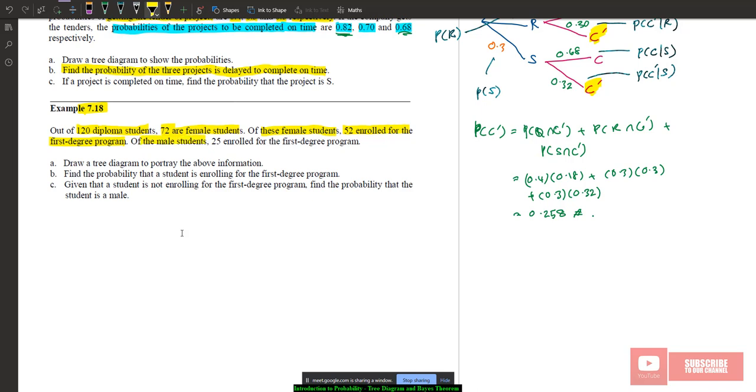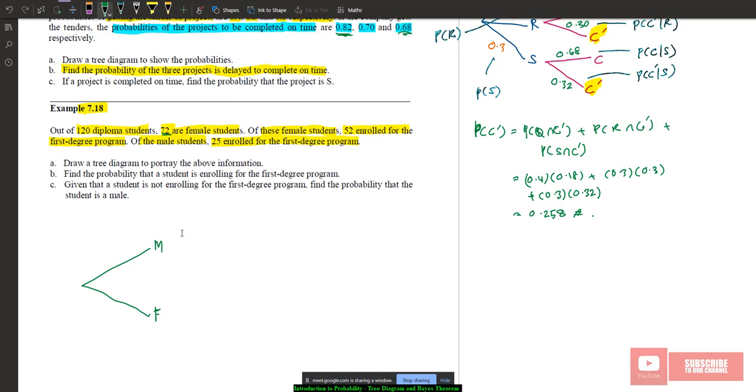Of male students, 25 enroll for the first degree program. Based on this statement, we have 120 students, and we have basically male and female students.